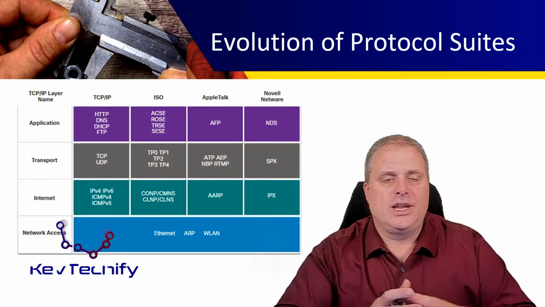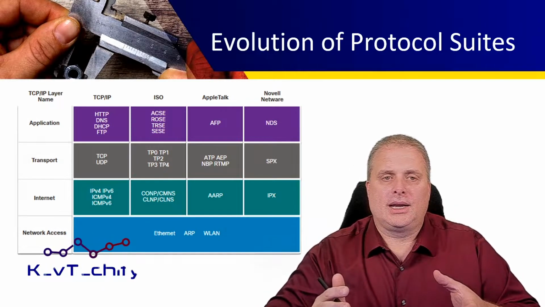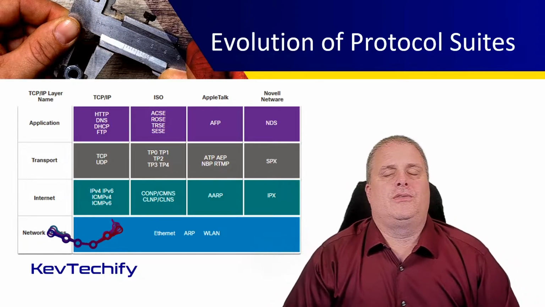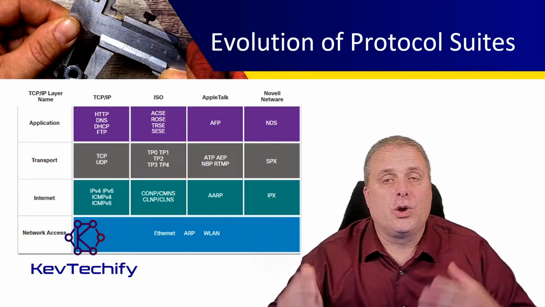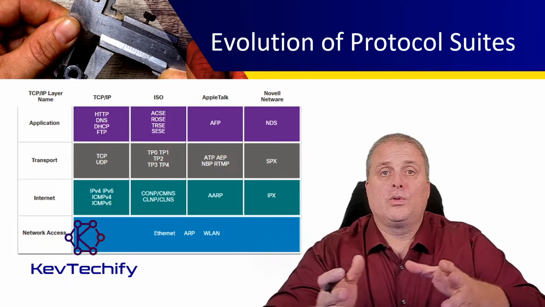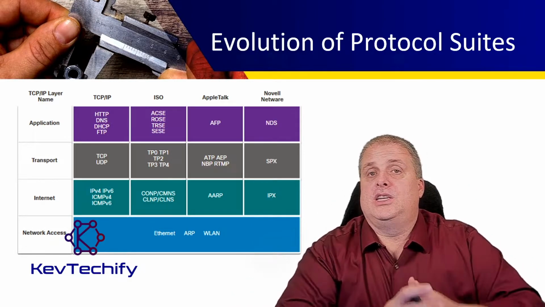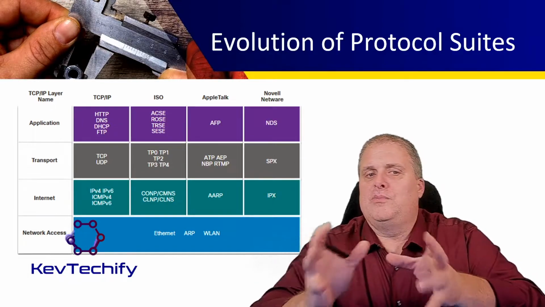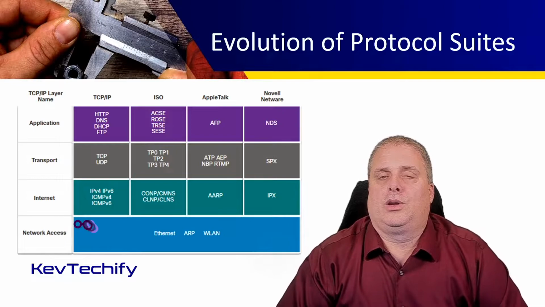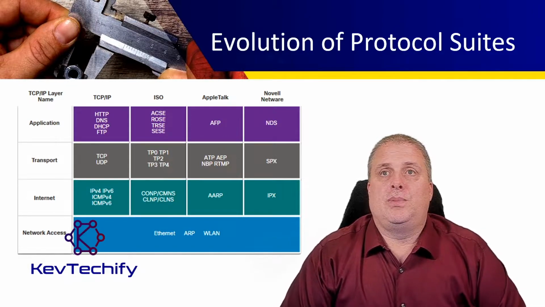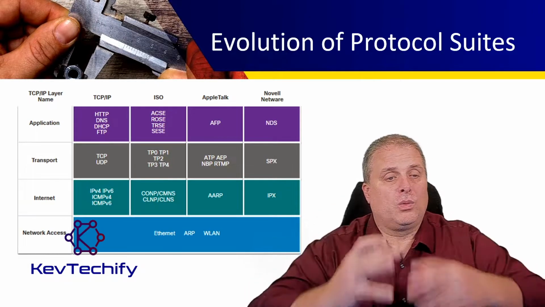I will guarantee you 99% of the networks you run into over the course of your networking career is going to be TCP/IP. So that's where we spend all of our time. We briefly mention the others here, but we don't jump into the other networking protocol suites. TCP/IP is the one we're going to look at.